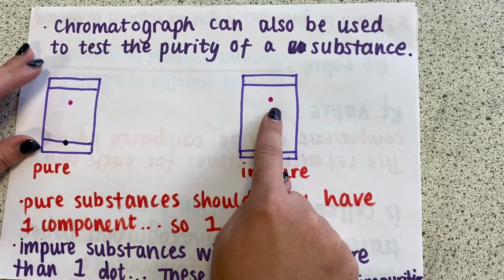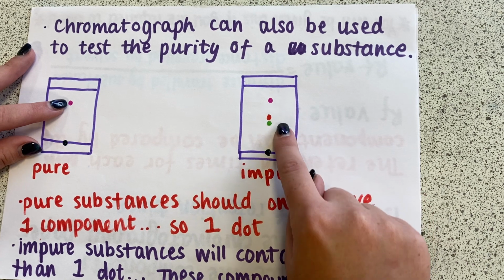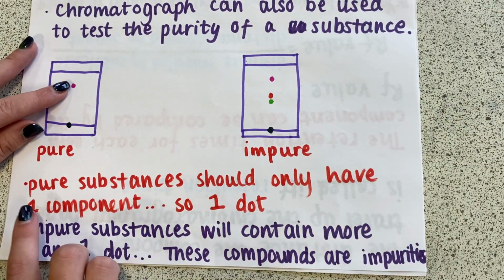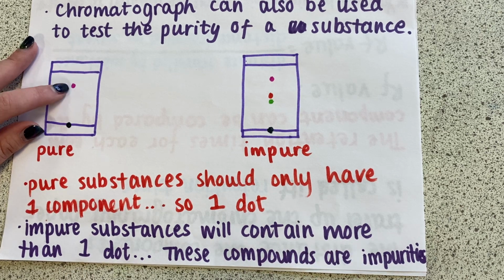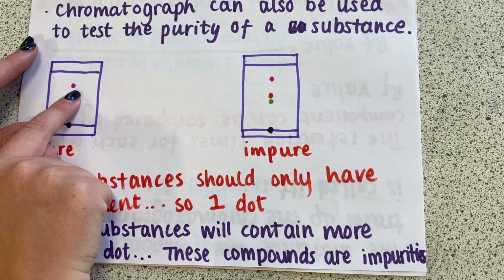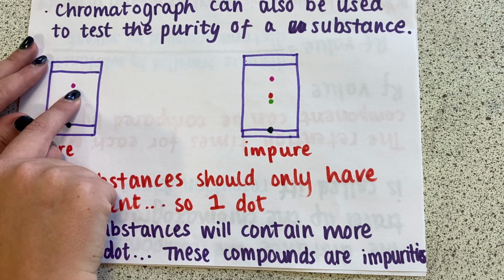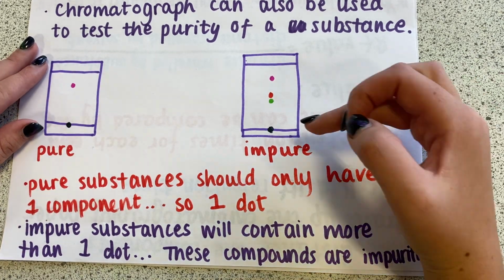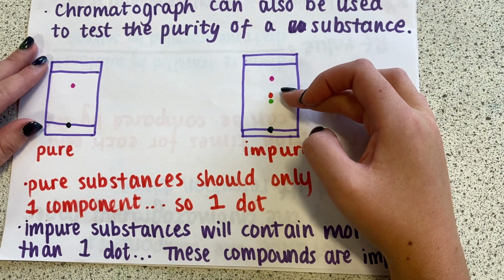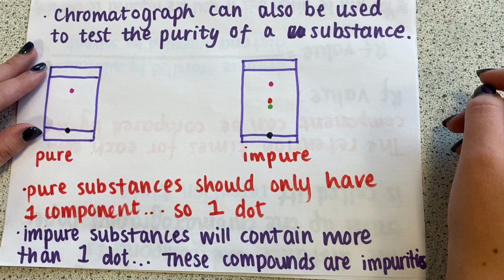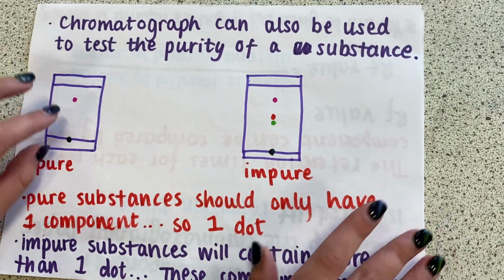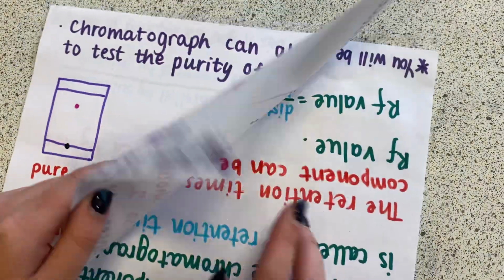You have the morphine that you wanted, but it's also made up of different components. Pure substances should only have one dot. If it's impure, you're going to have more impurities, which means you're going to have more dots, including the dot that you want.